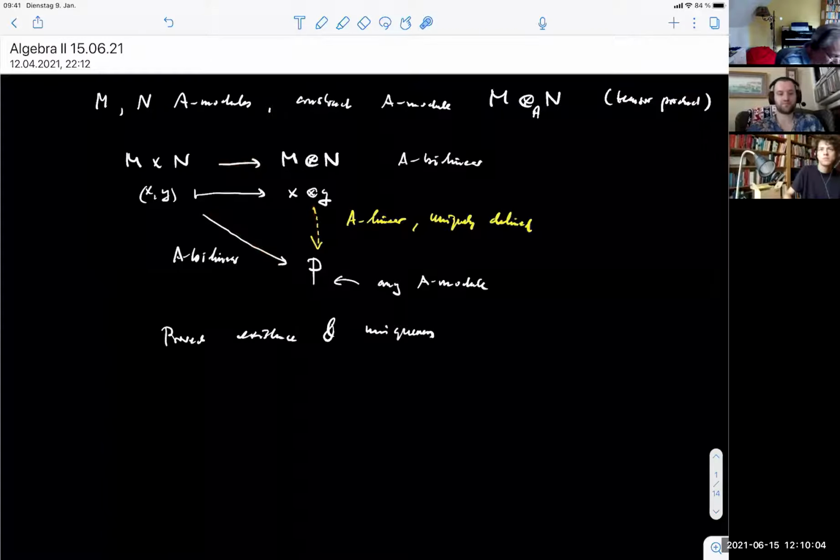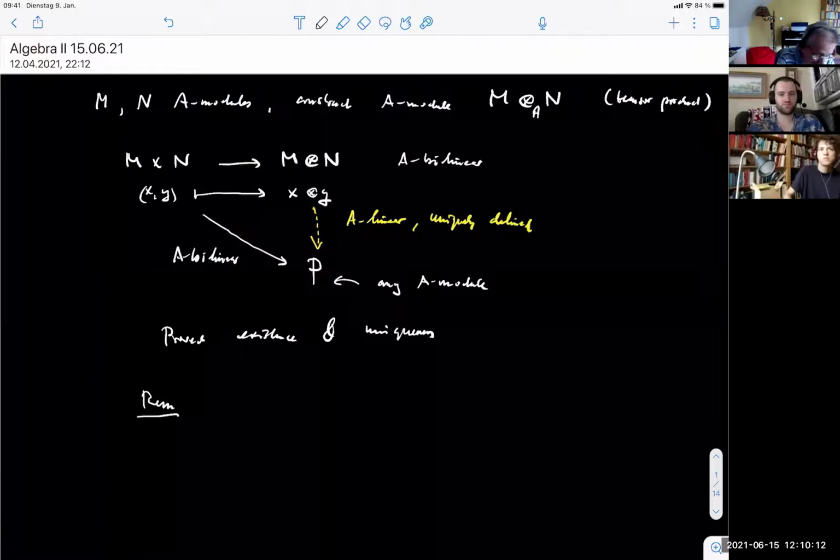Right. So from the construction, let me make a remark. For proving the remark, I actually refer to the construction. It's about the generators. So what are the elements of this M tensor N? The remark tells me that every element of M tensor N is a finite linear combination of x tensor y.